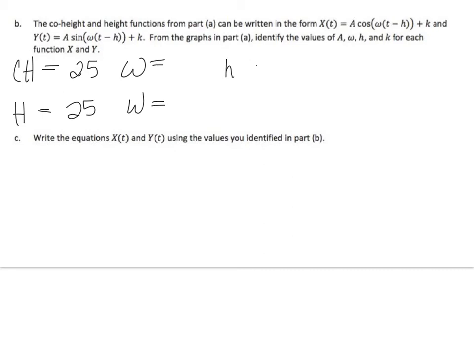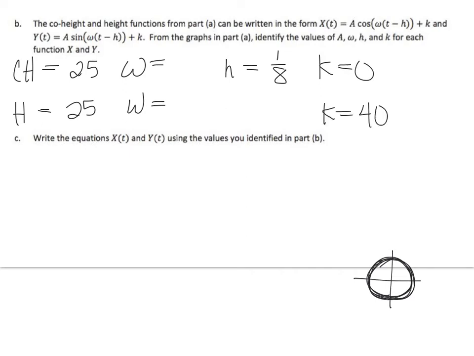Our h value is going to be, if I take that circle and I'm dividing it into lots of pieces of a pie, sorry, I'm actually going to go into eighths, and then our k is going to be equal to 0 for our co-height function. For our height function, we're going to translate that by 40. Our h is not going to change.